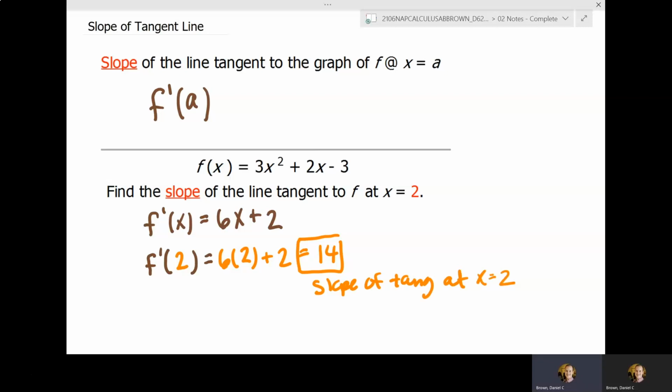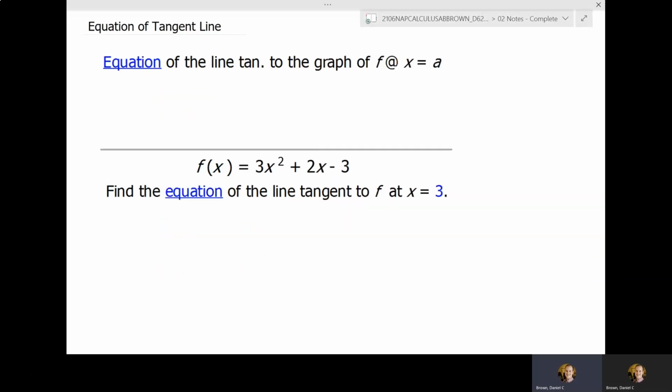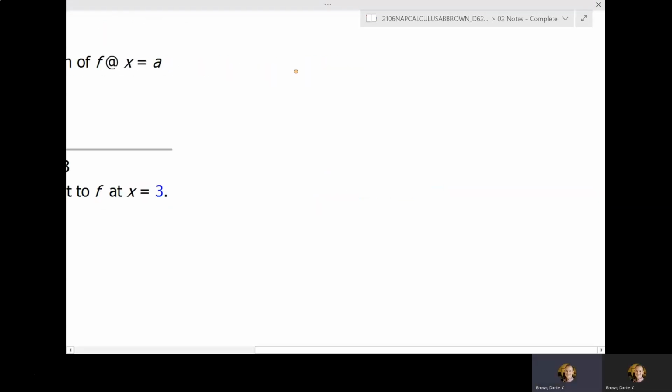The second part is we're going to actually write the equation of the tangent line. So to give you an example of that in some notes, I first want to talk about the equation of the tangent line. Back in Algebra 1, you probably learned two different equations for a line. You have the one that looks like y is equal to mx plus b.